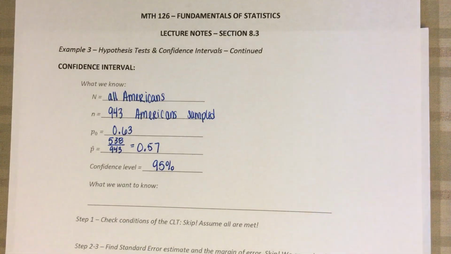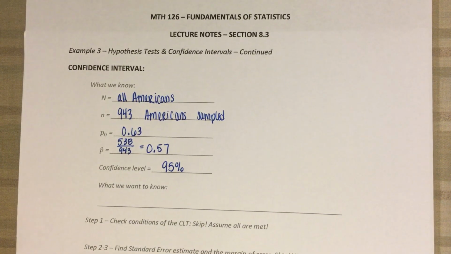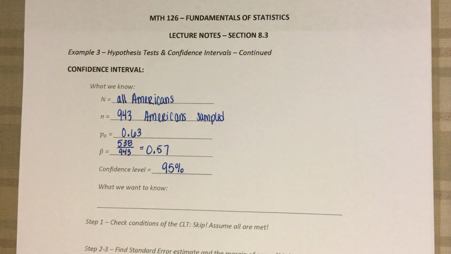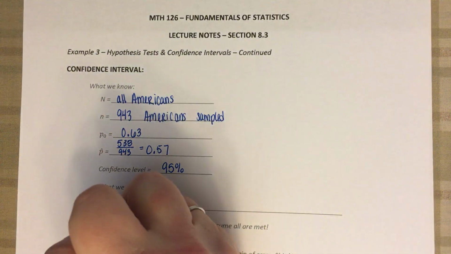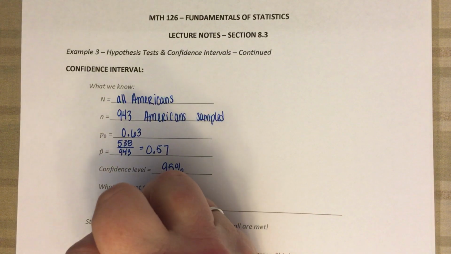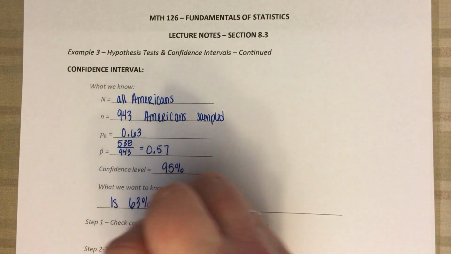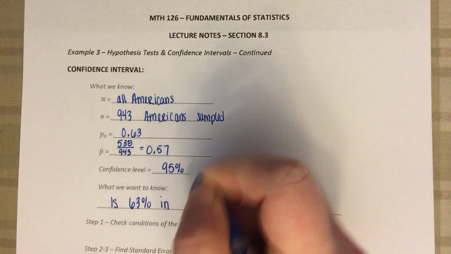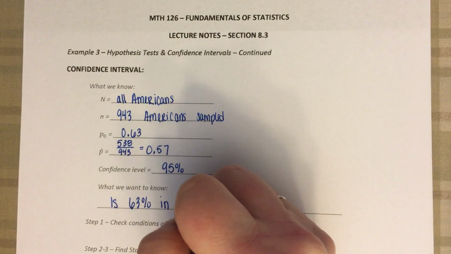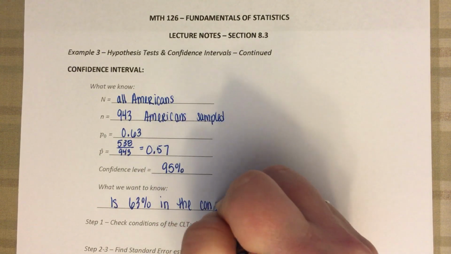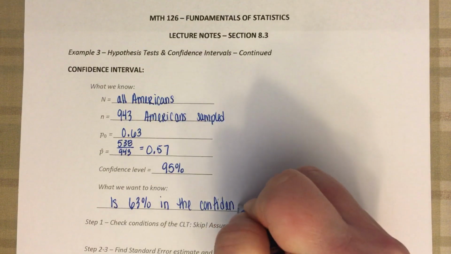And what we are looking for is the confidence interval, and more specifically, we're looking to see if P naught, our 63%, is in the confidence interval that we find.